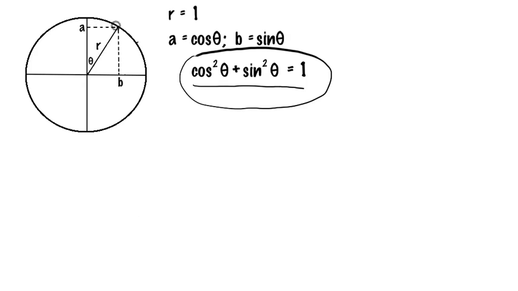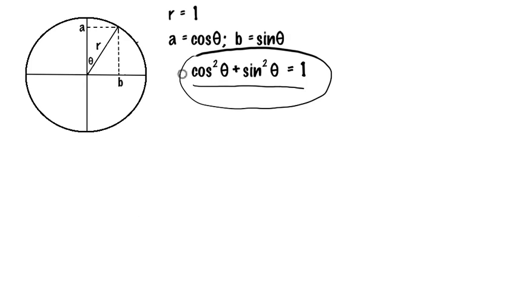If we pick a point on the circumference of this circle in the right way, then the square of its first coordinate can give us the probability of one result, and the square of the second component can give us the probability of the other result, and those will add to 1. Now, this may not be very clear at the moment, but later on it'll turn out to be very important.